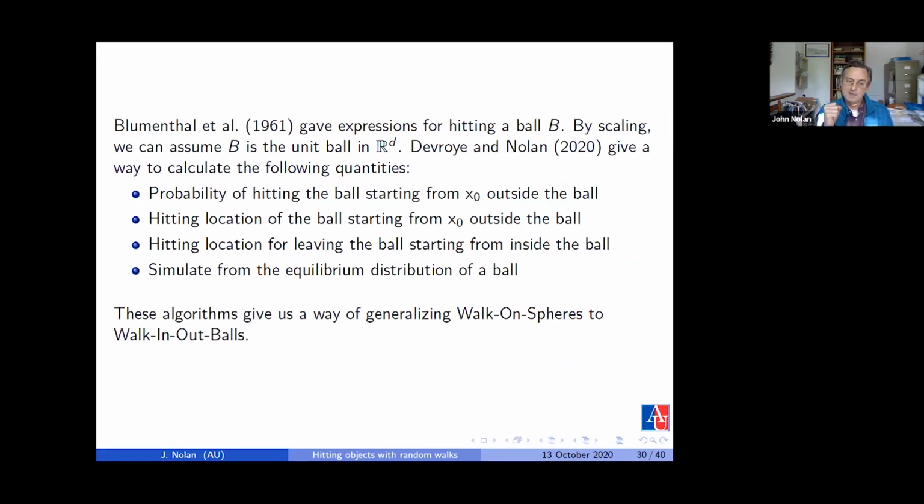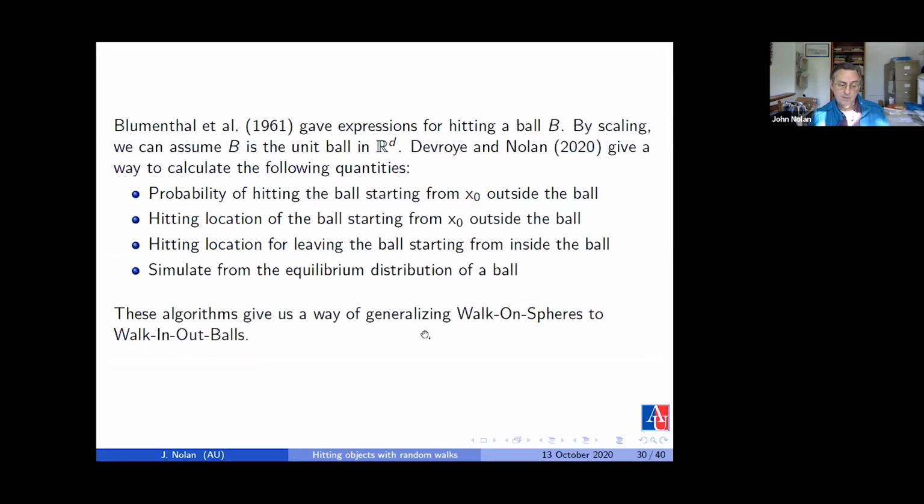What's behind this is that if we know how to work with balls, we can start using that to build up hitting more complicated sets. So we can calculate the probability of hitting a ball. We can simulate the hitting location of the ball, starting from an outside point. We can calculate hitting locations for leaving a ball if we start inside the ball. And we can simulate from the equilibrium distribution of the ball.